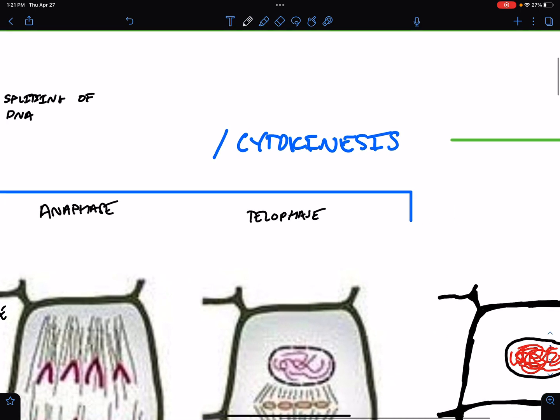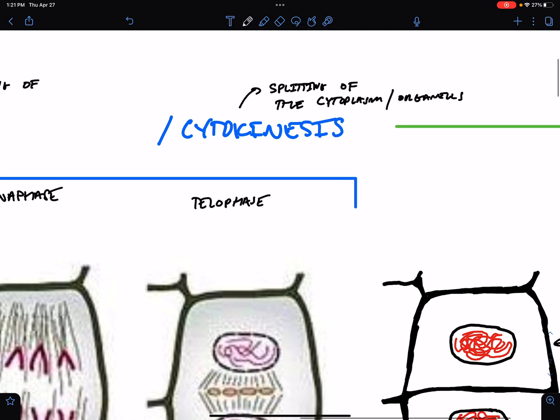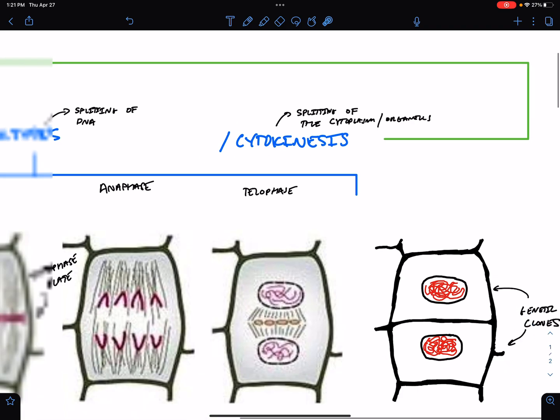And cytokinesis is everything else. So the splitting of the cytoplasm, as well as all the organelles. And included in the organelles would be the cell membrane.